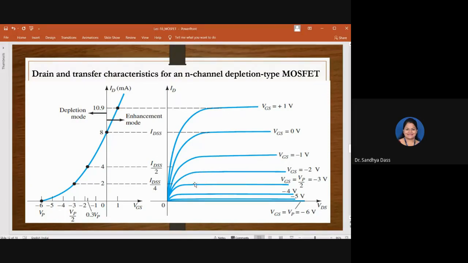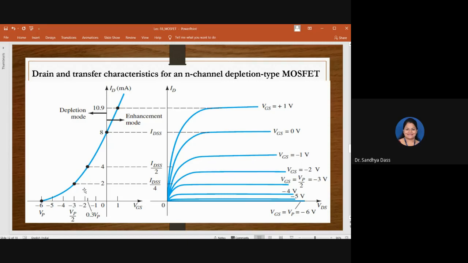When you have these drain characteristics, all these different plots are for different levels of VGS, right? So what you can do is plot a horizontal line across different levels of VGS and intersect to the axis.